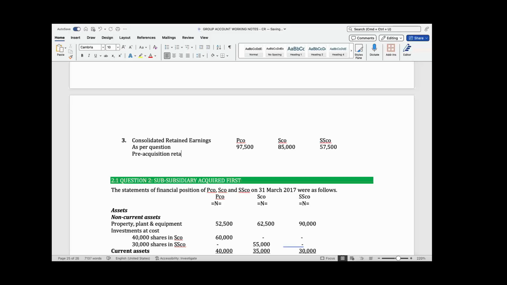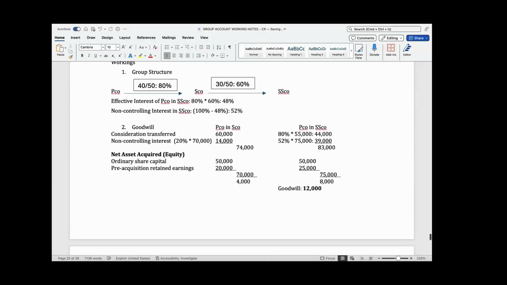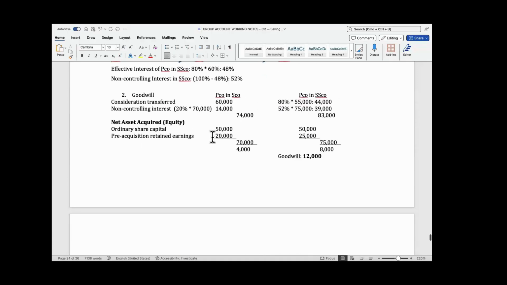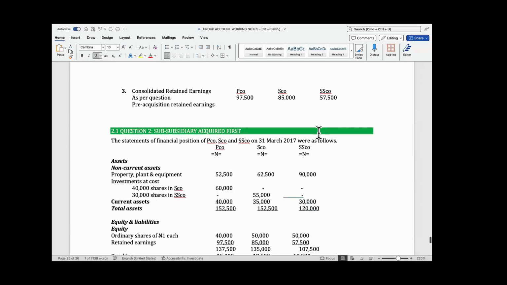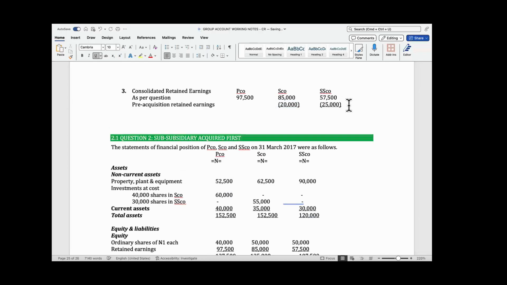Pre-acquisition retained earnings. For ESCO, its pre was 20, SSCO is 25. So we have 20 and we have 25. Then I'm left with post-acquisition retained earnings.